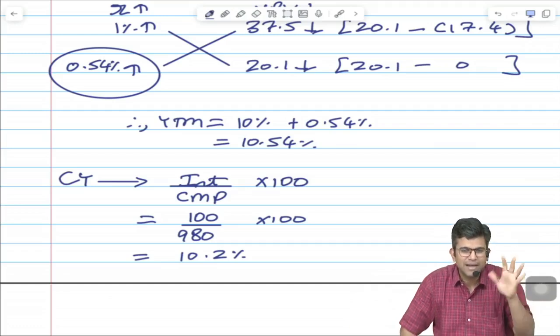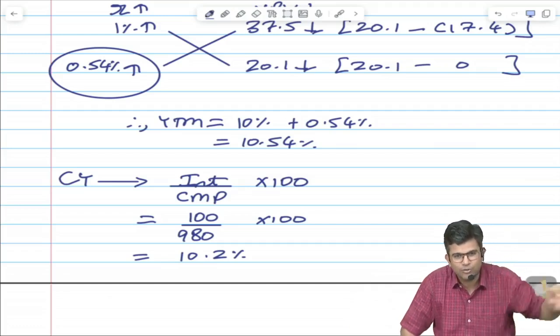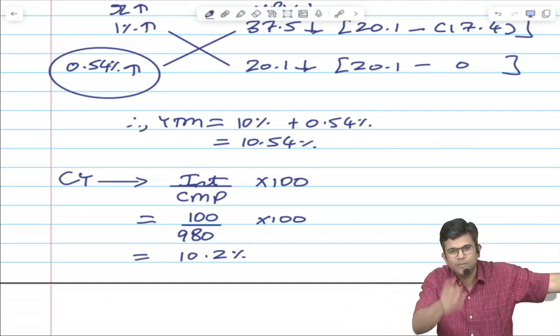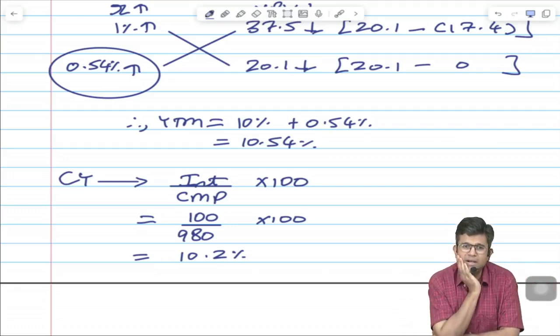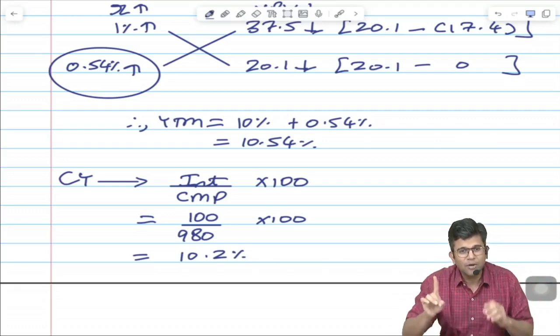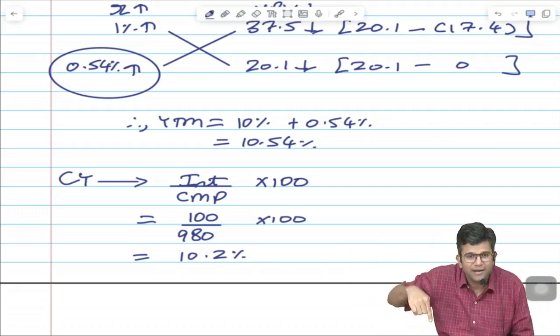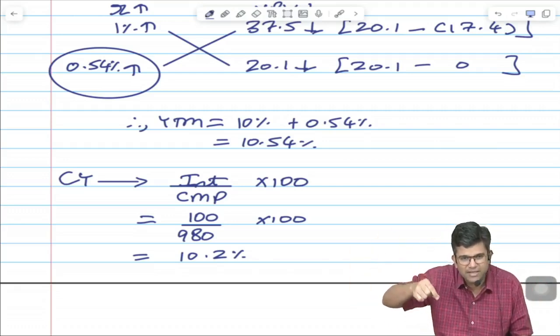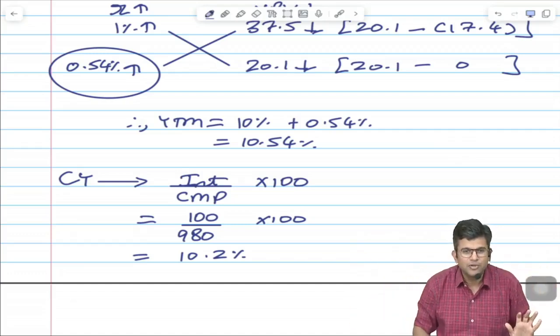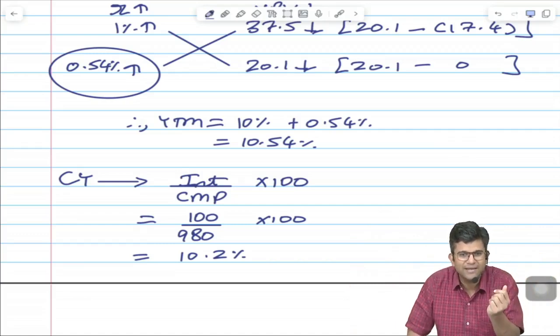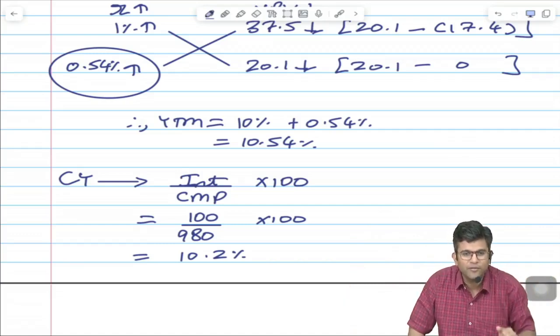Which means there is no free lunch in the world. You understand? If outside everyone is at 9, this also has to be 9. But then someone might say, but Sandeep is earning 10.54. Yes, because at that time when Sandeep entered, everyone was saying we want 10.54%, so the price that Sandeep got was 980, which is giving him 10.54%.